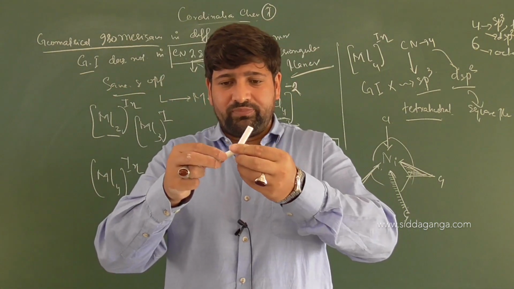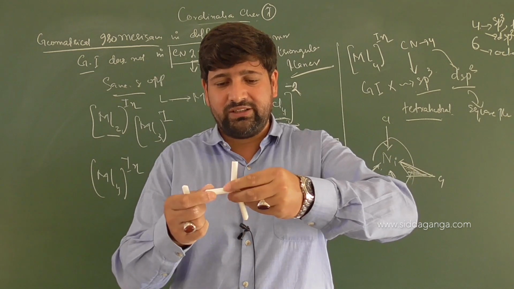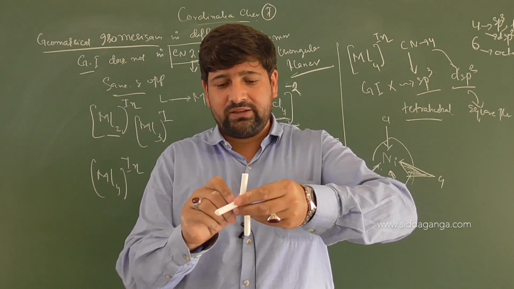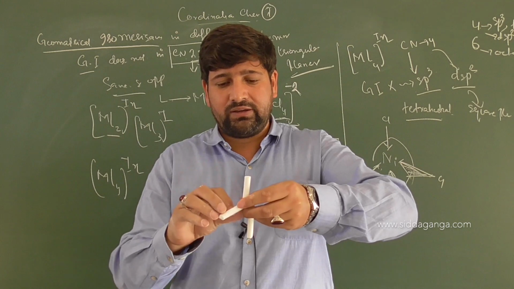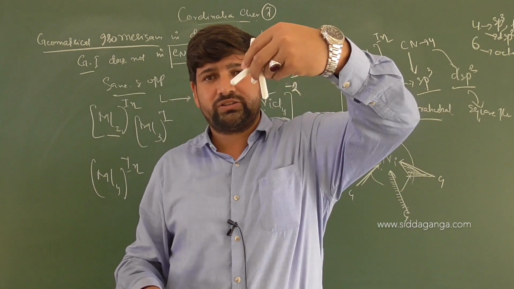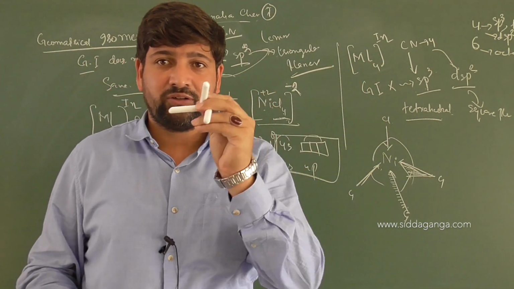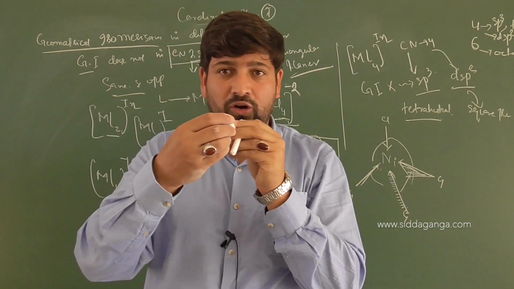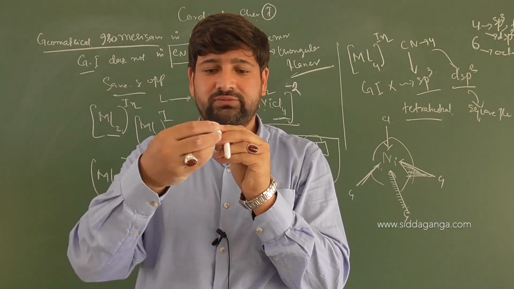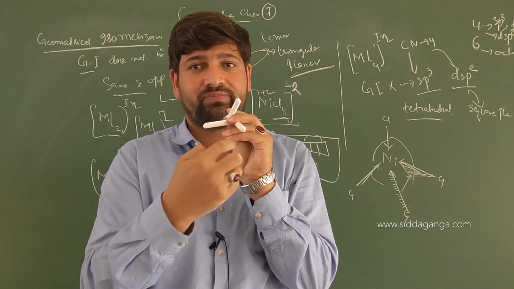This is one bond. This is the second one. This one is the third one. And this one is the fourth one. Look at this. Can you see it? Look here. On the base, what do we have? So the base is here, this one.